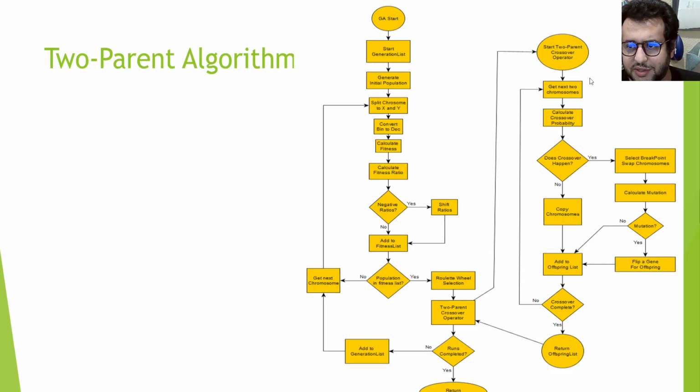go through this whole process where they're going to get the pair, they're going to get the crossover probability. If it's supposed to happen by the probability, then you go to the swap. Basically select a random breakpoint, so you swap the chromosomes for the two pairs. You calculate a mutation, if there is one, then you flip a gene randomly in that offspring, and then you add it to the list.